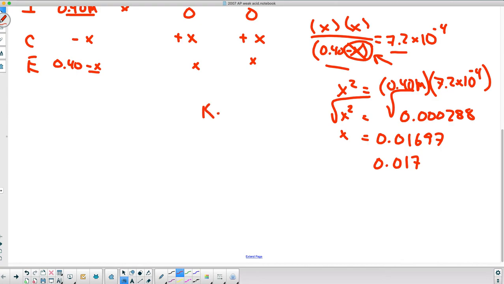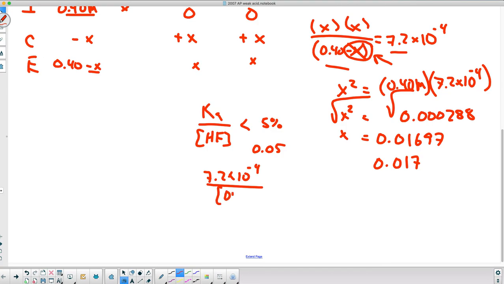If I take the Ka and divide it by the initial concentration of the acid like this, and if I get less than 5%, 5% is 0.05, okay, that means that if I have 7.2 times 10 to the negative fourth divided by the initial concentration of 0.4, what does that equal?